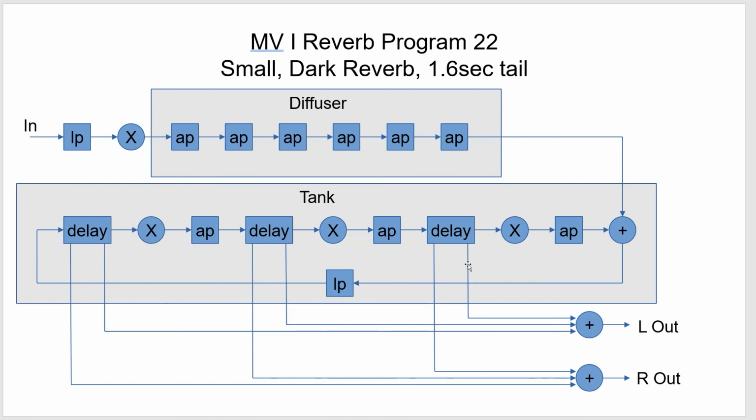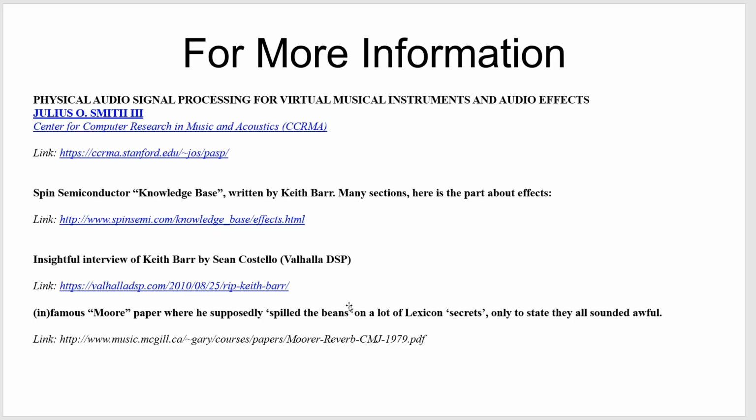Well, I hope you enjoyed this talk about the software inside the Midiverb. I know I did a lot of hand waving in some places because to get really into great detail, you need to do a lot of reading. So here you go. For more information, I suggest looking at these papers.